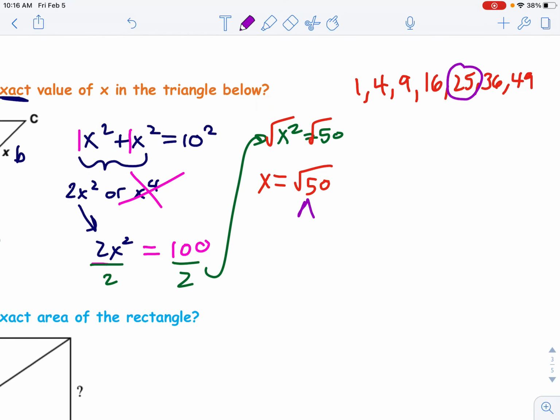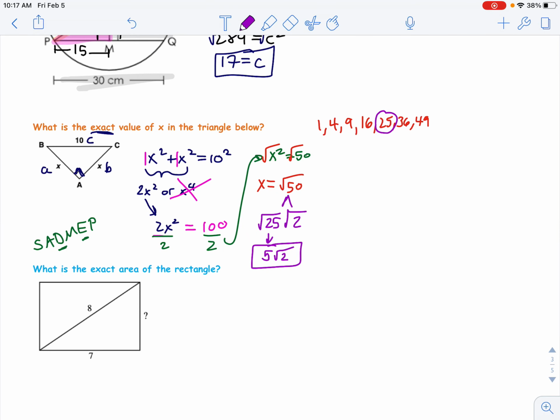Remember, we need to find the perfect square factor. The perfect square factor goes first. Square root of 25 goes first, and it's under the square root. And then the other factor, 2. What's the square root of 25? It's 5. What's the square root of 2? Can't be reduced, it's the square root of 2. So that's the exact answer for x, 5 radical 2.